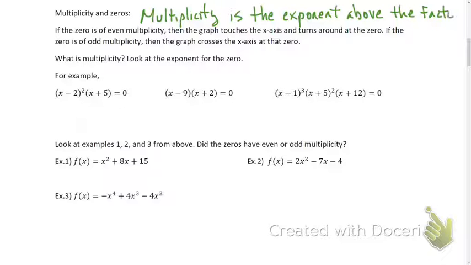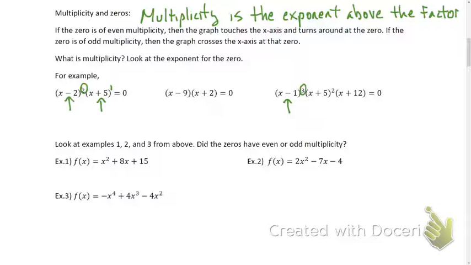So when I say multiplicity, we're not looking at the factor itself. So like for this factor, the multiplicity is 2. For this factor, the multiplicity is 1. On the right, for this factor, the multiplicity is 3.